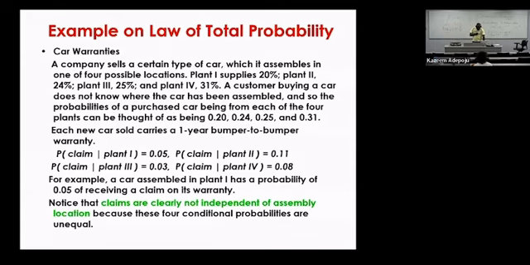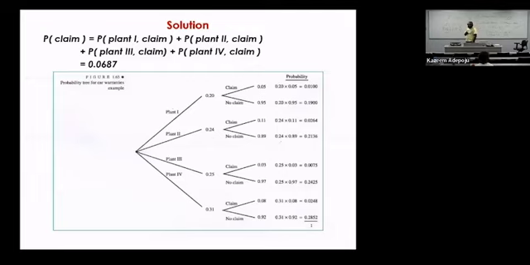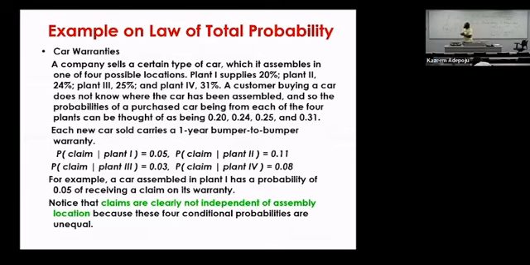Now you want to find the probability of a claim. Let me tell you, the probability of a claim is a total probability. I'm going to say that again. The sample space here is partitioned into 4. How many factories? Into 4 locations, 4 plants: plant 1, plant 2, plant 3, plant 4. Does that make sense? So a claim could come from factory this, factory this.